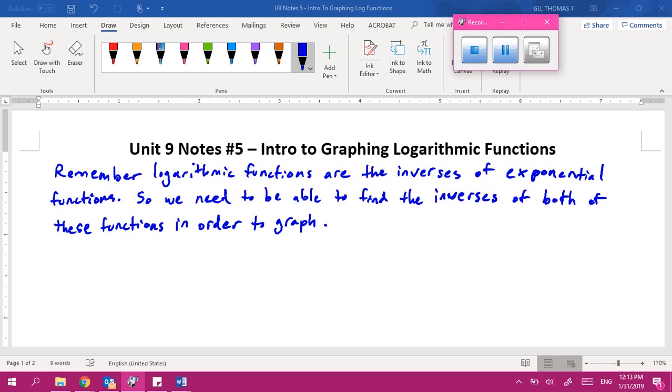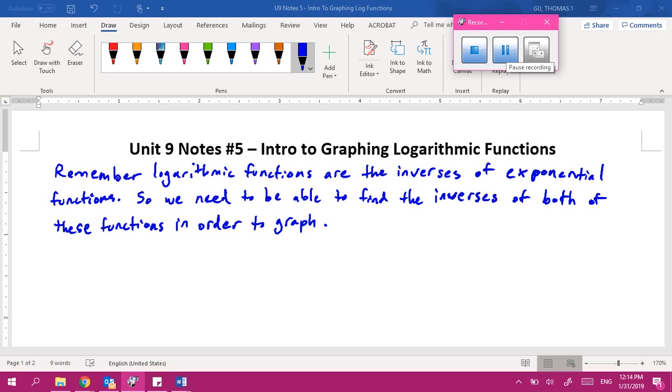You need to get that in your mind so when they ask you questions, you know what you're looking for. And conversely, the inverse of a logarithmic function is exponential. They are the inverses of each other.